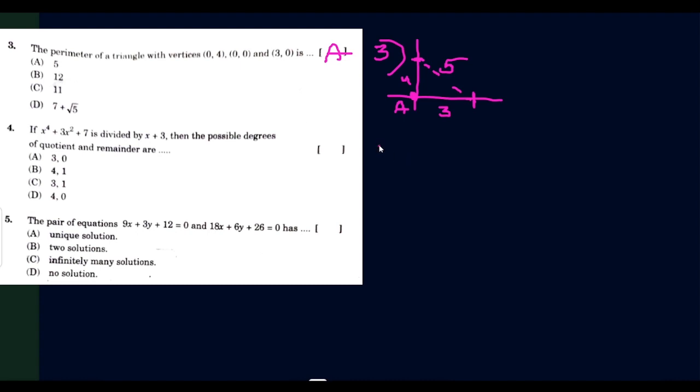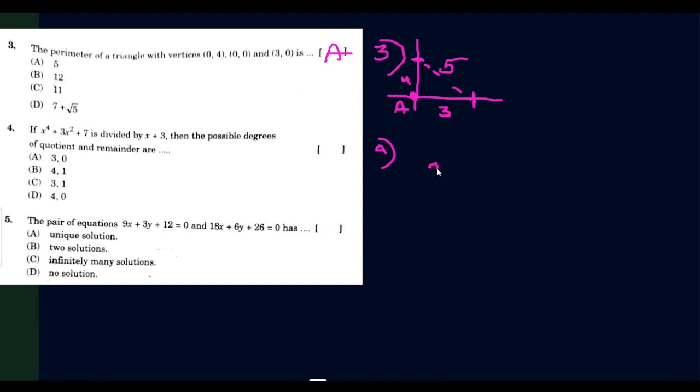Now we have one more question, where they have given one expression of power of order 4 and divide. They are saying that if it is divided by x plus 3, then the possible degrees of quotient and remainder. Read the question carefully. Here they are not asking what the quotient and remainder are. Here they are asking the power, right?